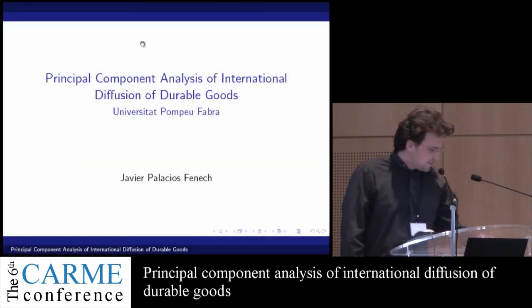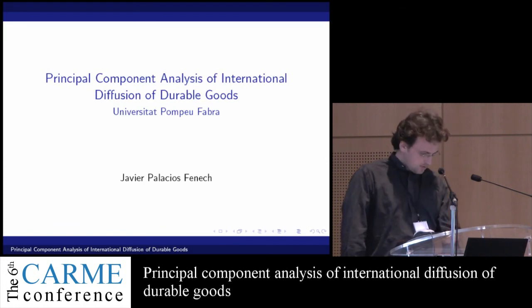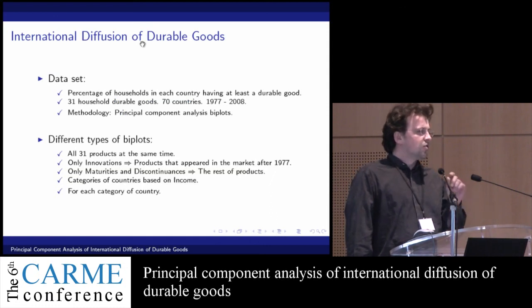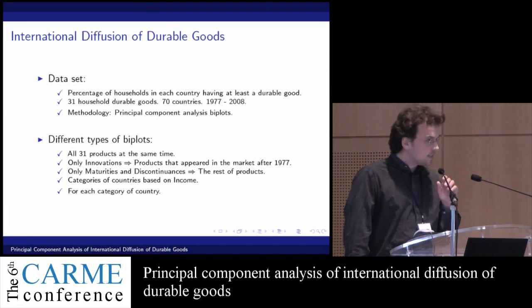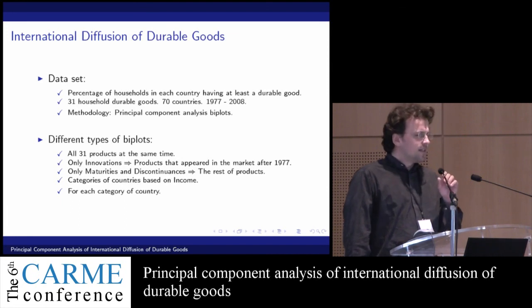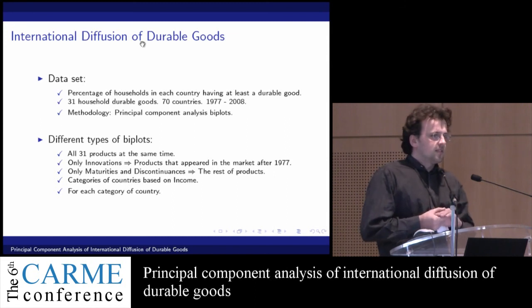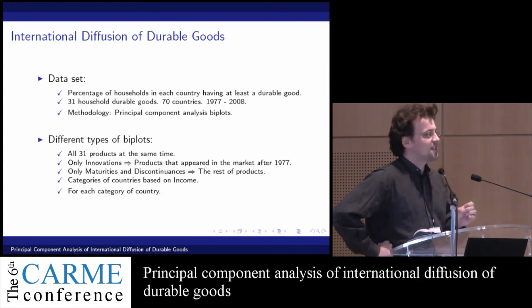Okay, this is the international diffusion of durable goods. Its origin is in rural sociology. It's the diffusion of innovations. It's in the 50s when this started, and then marketers have used the techniques from rural sociology to see how ideas and products and services spread in a social system.